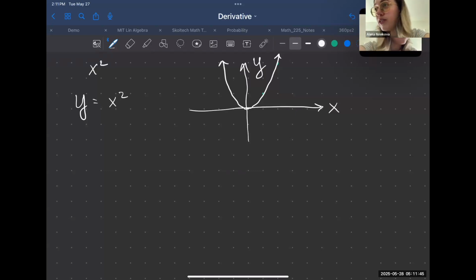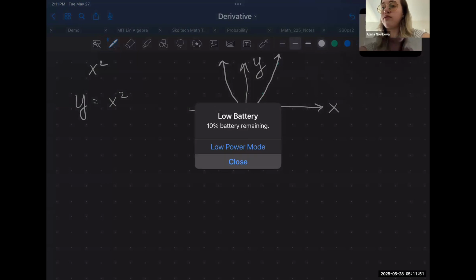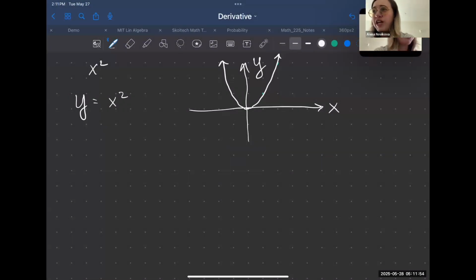For the derivative, the question that we're asking is, when I change x, how does that affect y? So let's say for a unit change in x, what happens to y?